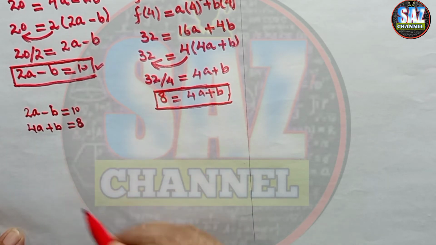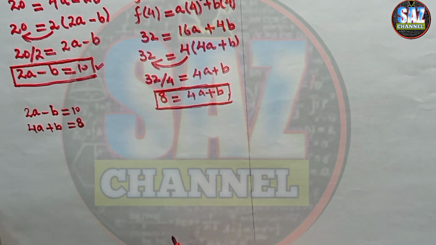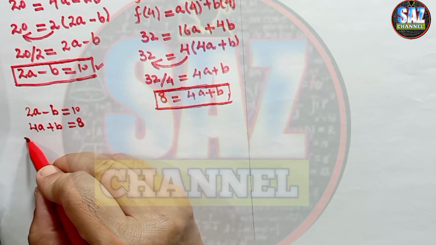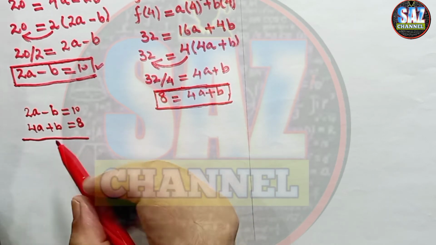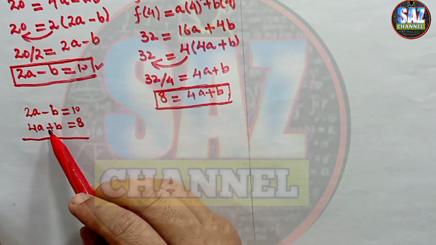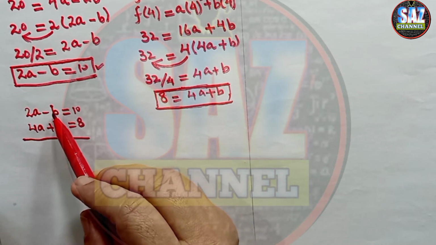Now it's your choice which method, either elimination or substitution, you're going to use. I'm going to use the elimination method because we can see here the coefficient of b is positive 1, and here the coefficient of b is minus 1.